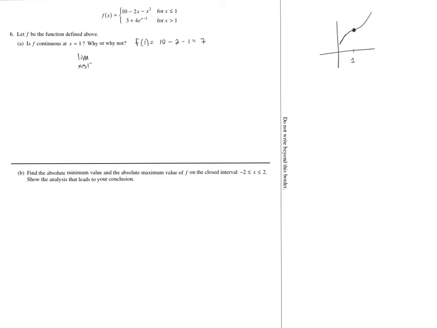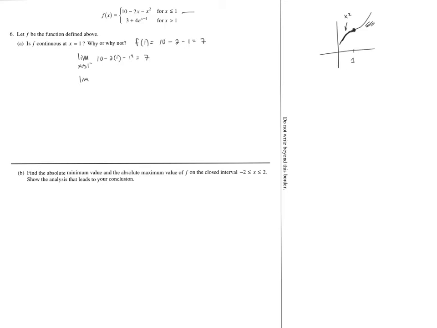In other words, we've got this polynomial thing, the x squared guy here, the upper branch, and then it's going to be this e to, this exponential function over there. So the limit as x approaches 1 from the left, you just plug 1 into the upper one, which we know is going to be 10 minus 2 times 1 minus 1 squared, which of course is 7.